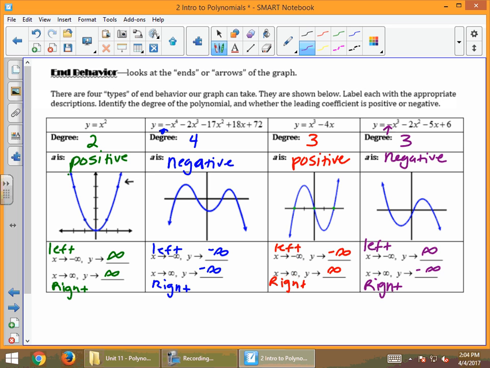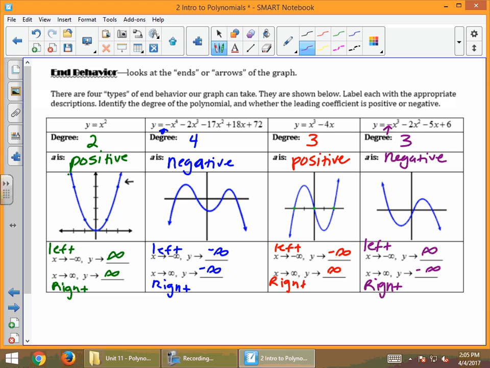So for any odd function with a negative out in front, that's what the end behavior is always going to be. The left side is always going to point up, and the right side is always going to be pointing down. Okay? These end behaviors are true every single time. Now, there might be a different number of curves in between, but generally speaking, that's what the end behavior will be.